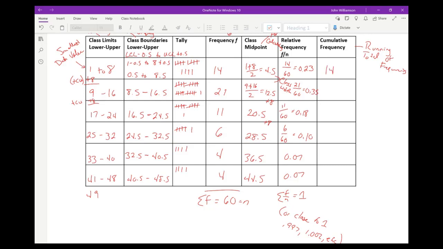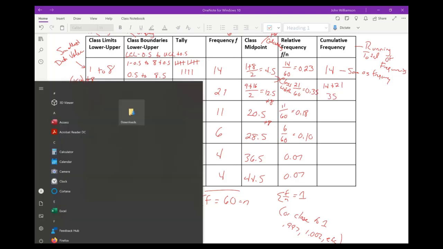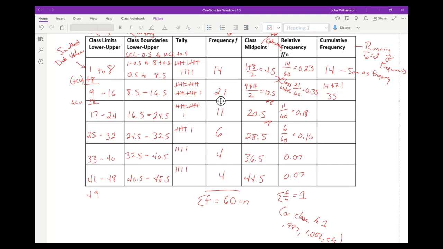It's always just going to be the same as the frequency, because there are no other rows to add to it, right? So now we go down. So our next one, well, we want the running total, so we're going to add the 21 to the 14. So that's going to give us the 35. So at that point, we've gone through 35 of our data values.